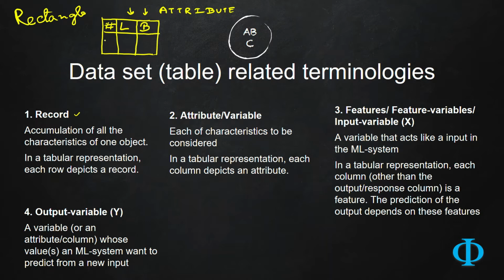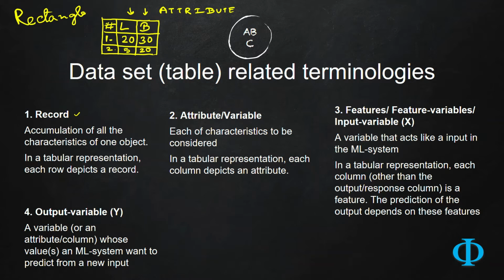Whereas each row basically represents a rectangle object. For example, rectangle object 1 has a length, let's say 20, and the breadth is 30. Whereas rectangle object 2 has a length of 5 and a breadth of, let's say, 20.